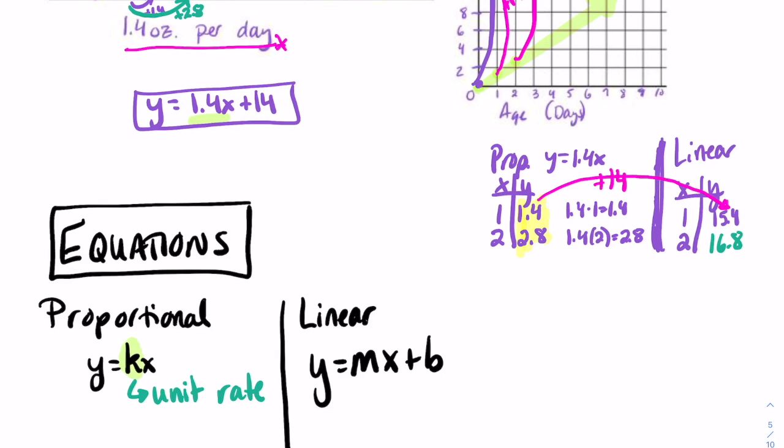So in this equation, this time m is going to be our unit rate. And it's just like that unit rate that we used k with, but k is the constant of proportionality. So we're only going to use k if it's a proportional relationship. But k and m show the same thing, that unit rate in the problem. 1.7 plates per minute, 1.4 ounces per day.